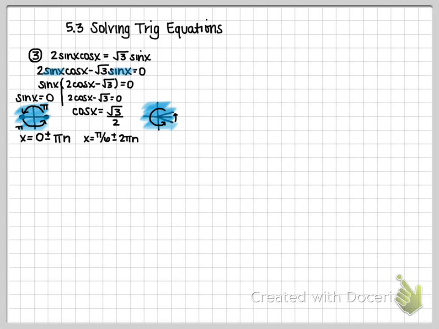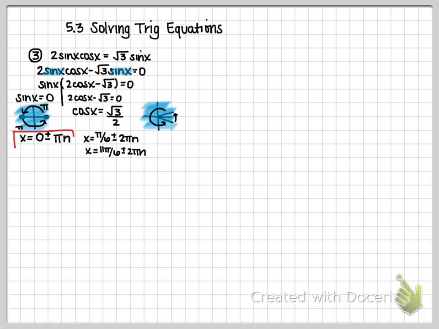And then I still need to deal with the other one, that lower one, which is technically 11 pi over 6, or you can use negative pi over 6. I think I just want to stick in the unit circle for this. So 11 pi over 6 plus or minus 2 pi n. These three things are going to count as the solutions to this entire problem.